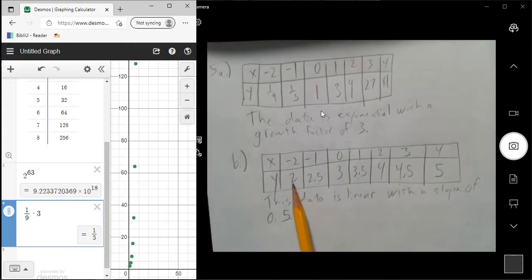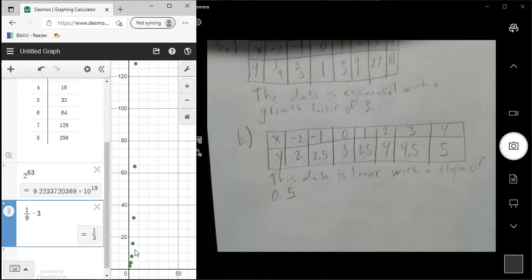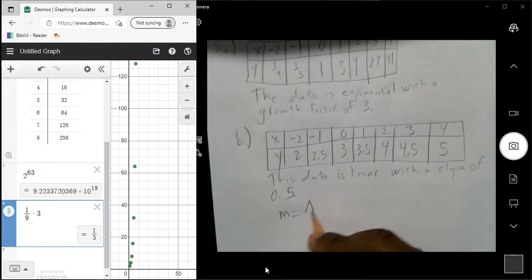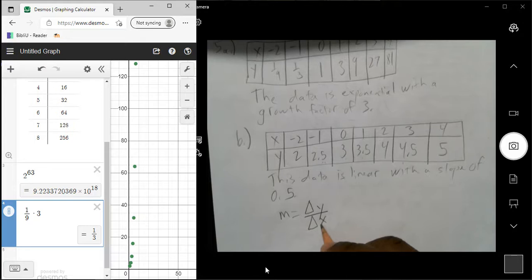Now, since we know this is going up by 0.5, and let me just say this here. With slope, I know you're used to seeing y sub 2 minus y sub 1 over x sub 2 minus x sub 1. But it's actually still the change in y divided by the change in x.